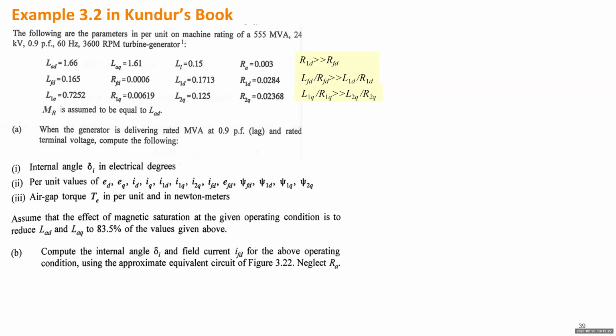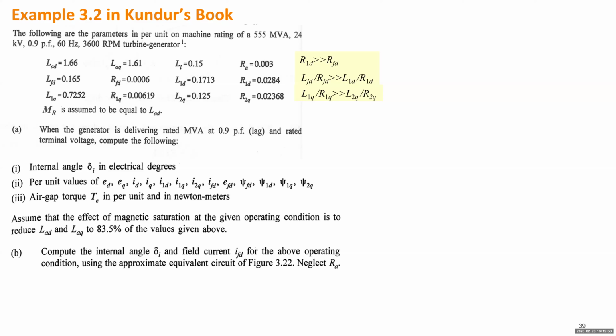We have 0.165 divided by a very small number. But for L1D divided by R1D, this L1D for this generator is close to LFD, but R1D is much bigger. So that will make the first ratio much bigger than the second ratio. Keep this in mind.